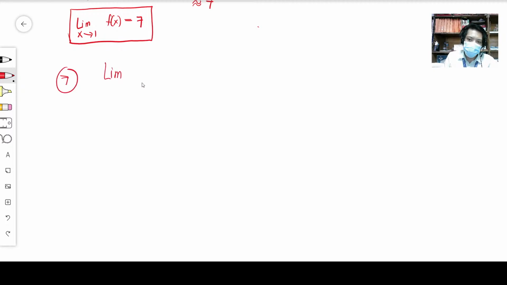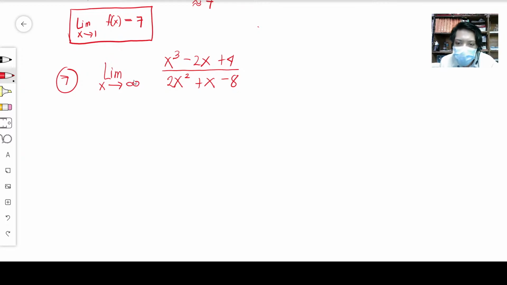We are solving for the limit of (x cubed minus 2x plus 4) over (2x squared plus x minus 8) as x approaches infinity. So this is our next example.